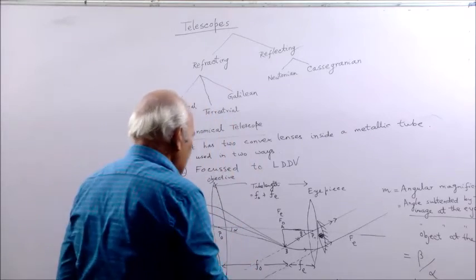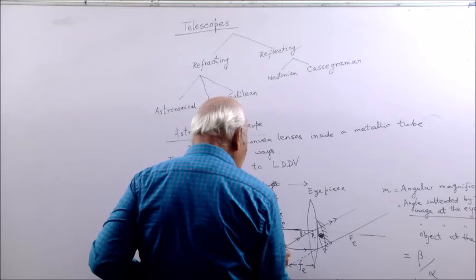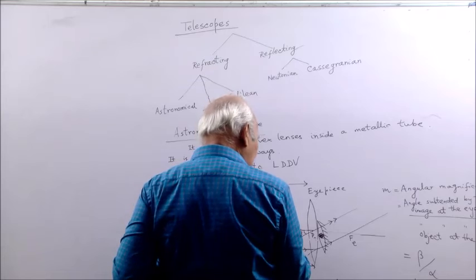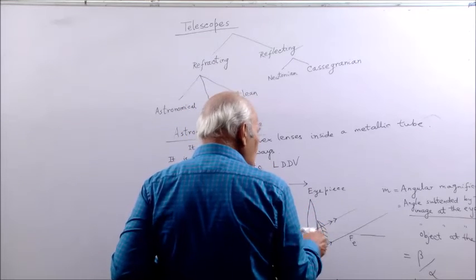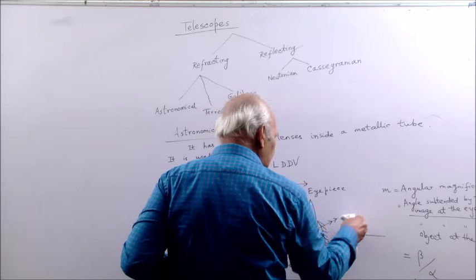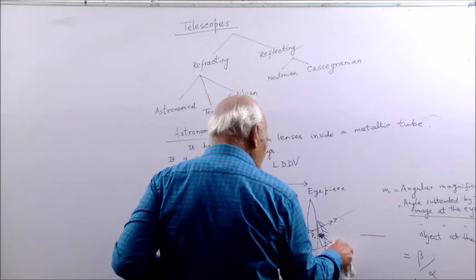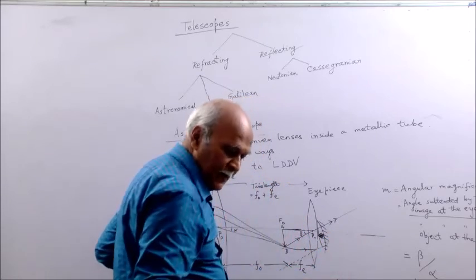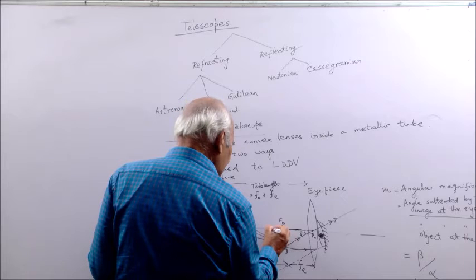The first part is as before. For the second part, this first image has to be formed in between the focus and the optical center of the eyepiece.